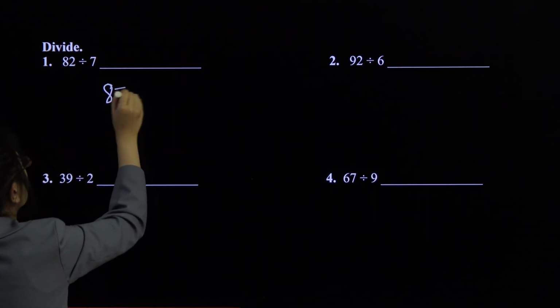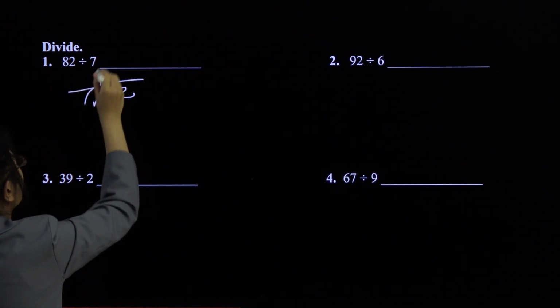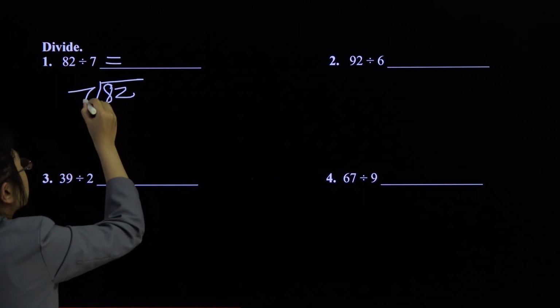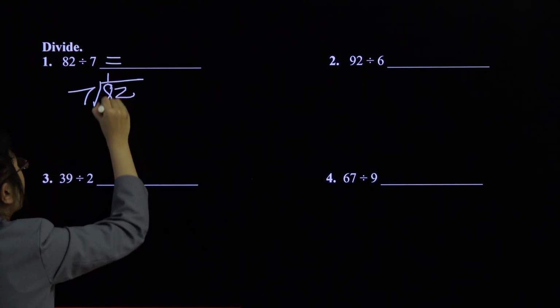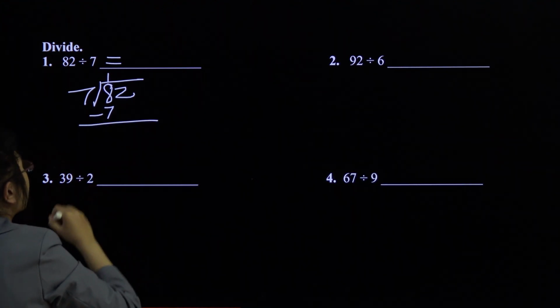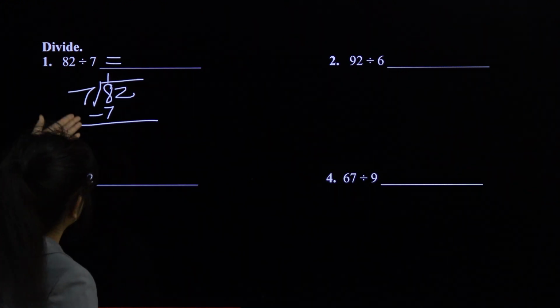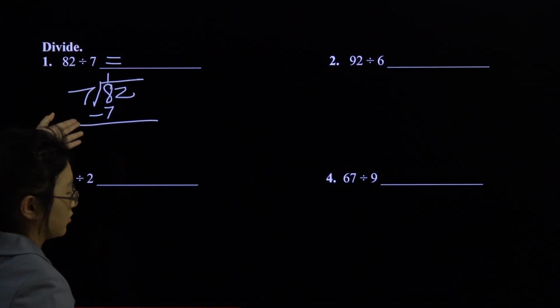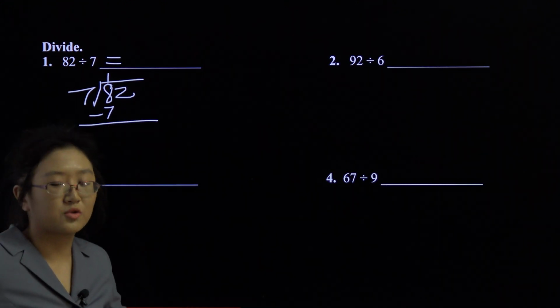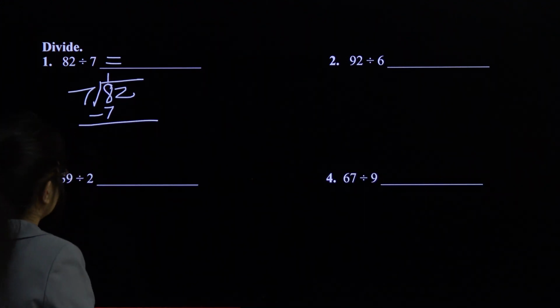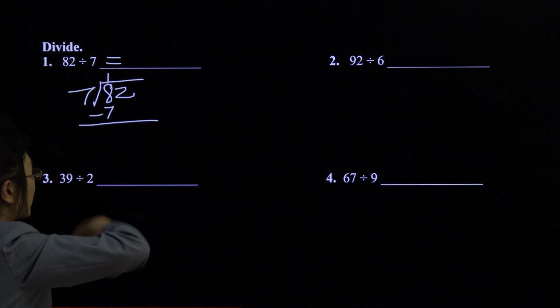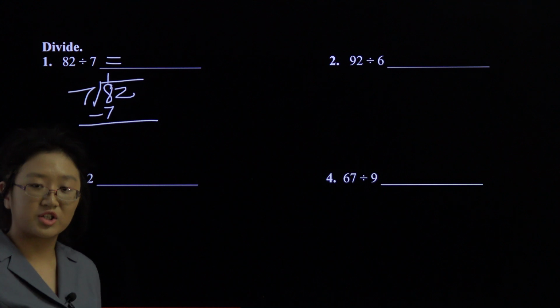Anyhow, 82 divided by 7 equals, so then the 7 divides into 8, you subtract. At one point in life, I just stopped using these subtraction signs because it's going to be subtraction anyways. It's always subtraction when you're doing long division. There's no addition.